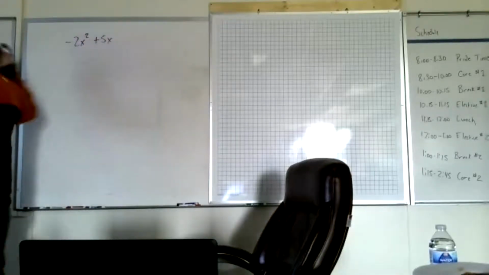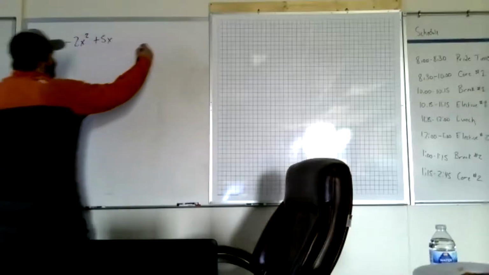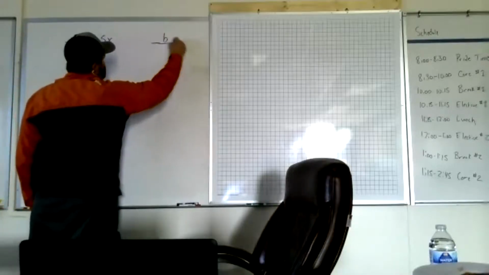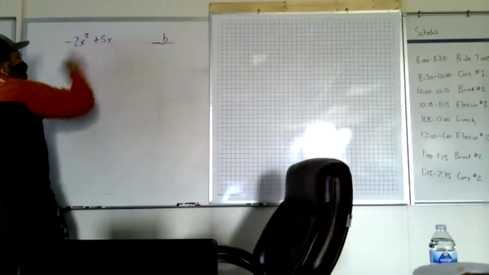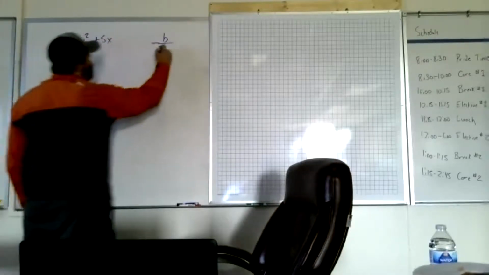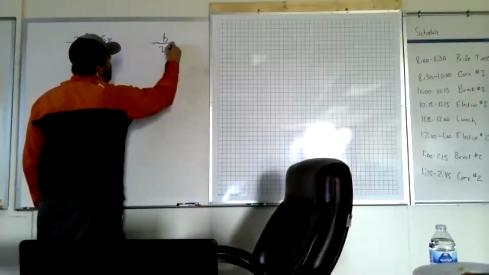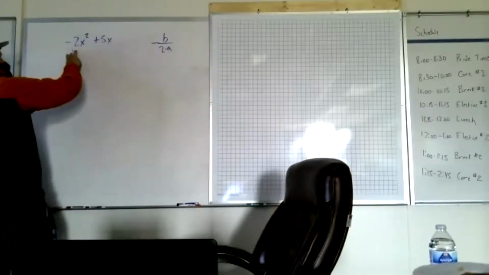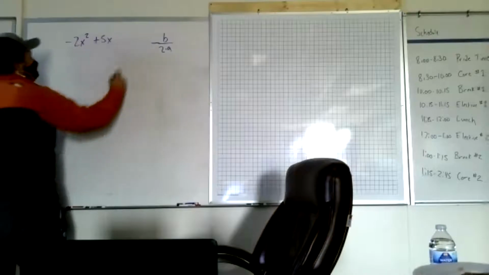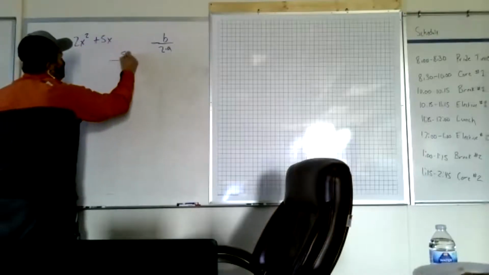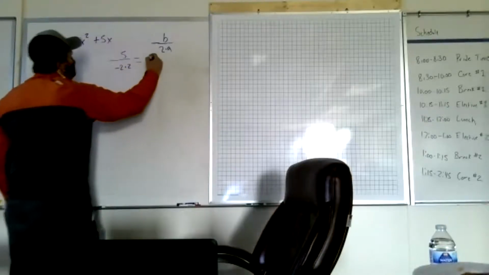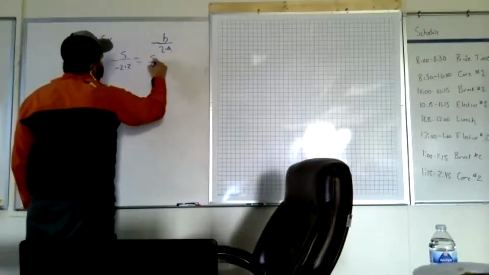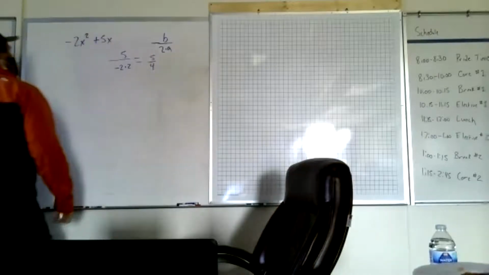This one, we just have a +0 at the end of it. So -b, remember that's our linear term, the coefficient that's associated with the single x value, over 2 times the coefficient of our quadratic term, which in this case is -2. So -5 over -2 times 2 is equal to +5/4 right there.